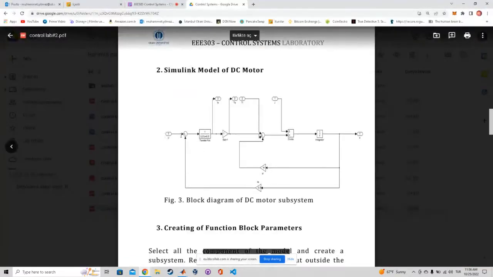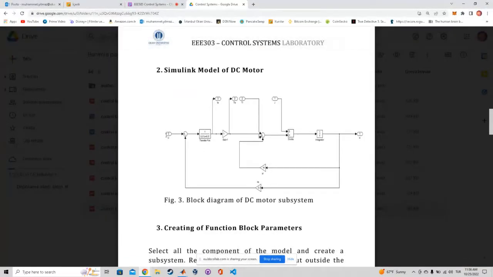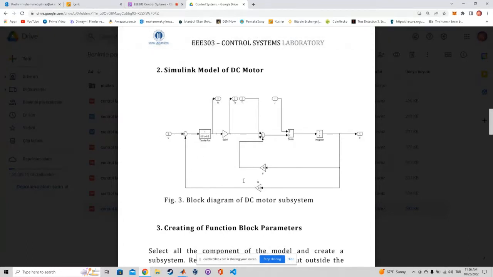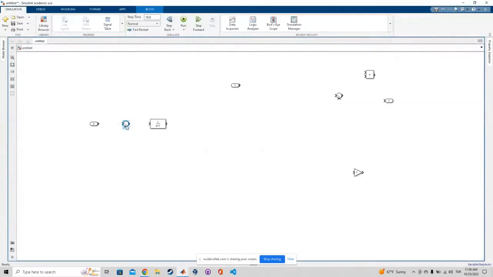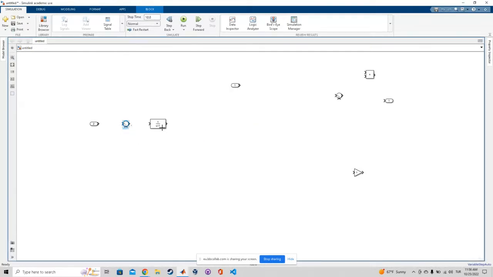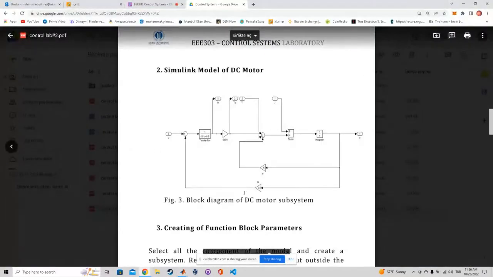But in our transfer function, the first one, the input, our input voltage is subtraction, and our feedback is extraction. So you can double click our sum and you can change it. The second one is to the minus. It will change it to extraction, all right? Just like this. And then we also have a gain.